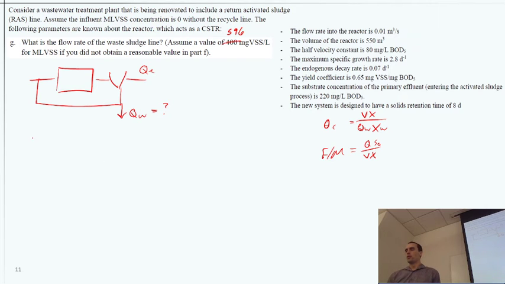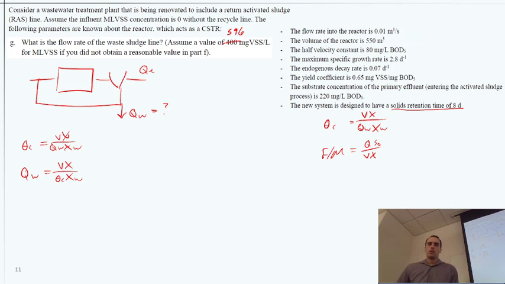Okay, so let's take our theta C equation. Given that we do know our solids retention time is 8 days, we can say theta C, we know that, and that's Vx divided by QW XW. So we can actually swap the theta C and the QW, to get Vx divided by theta C XW.